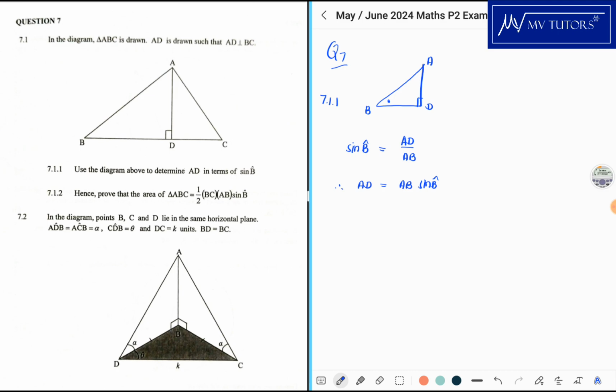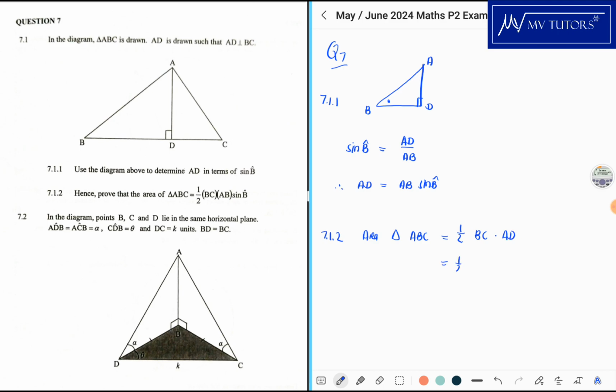So now we're going to go over to 7.1.2. Hence, prove that the area of triangle ABC is that. So what I'm going to do, I'm going to look at the whole triangle ABC and say the area of triangle ABC is equal to half base, which is BC, times height, and height is AD.